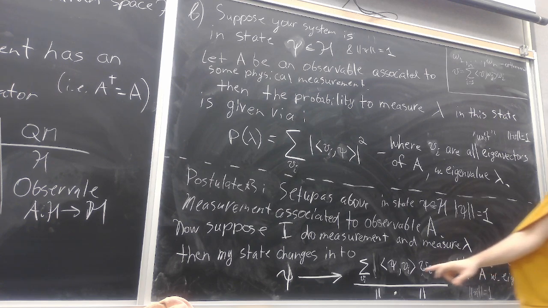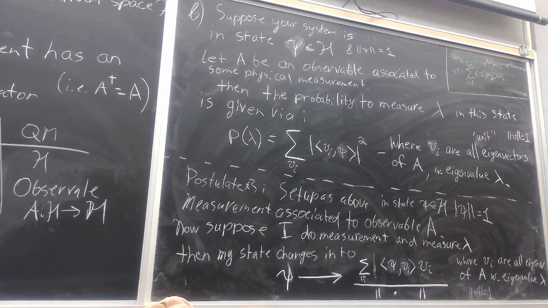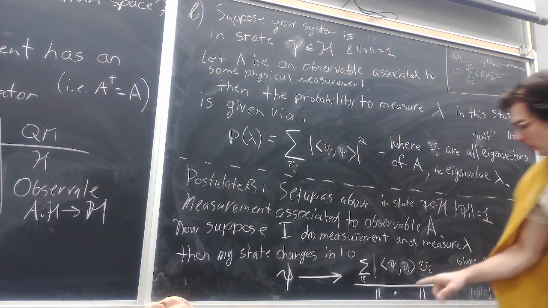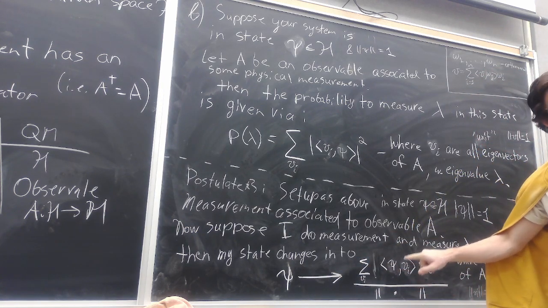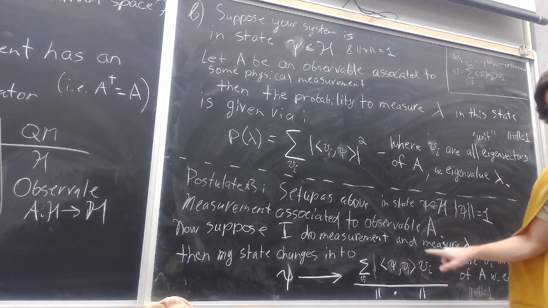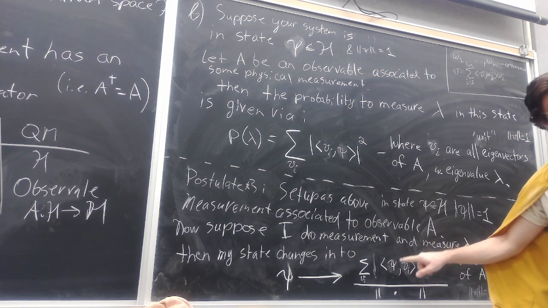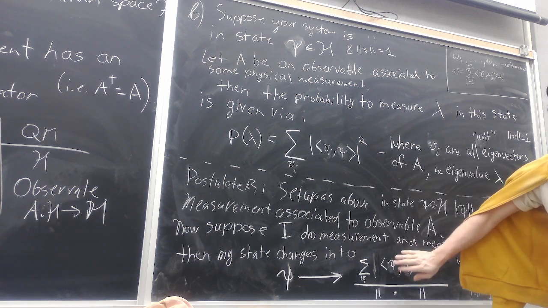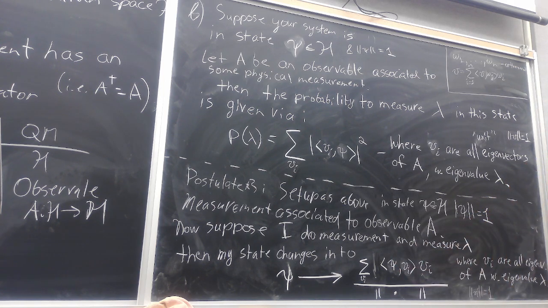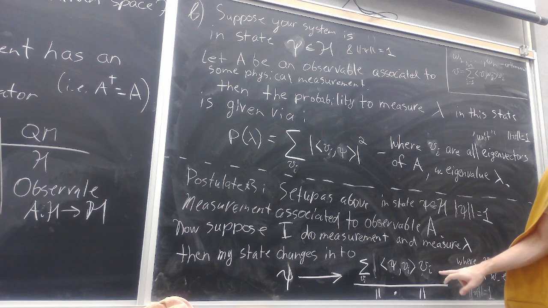So what this is saying is, if I measure lambda, then there are particular eigenvectors that have lambda as their eigenvalue. Right? There are particular eigenvectors that are associated with lambda. So I'm going to take my state, look at the bit of my state that had lambda as the eigenvalue, and just leave it at that and normalize it.